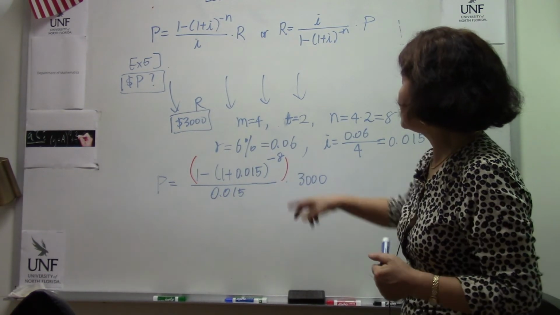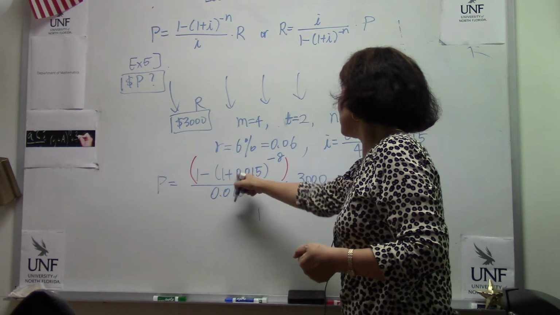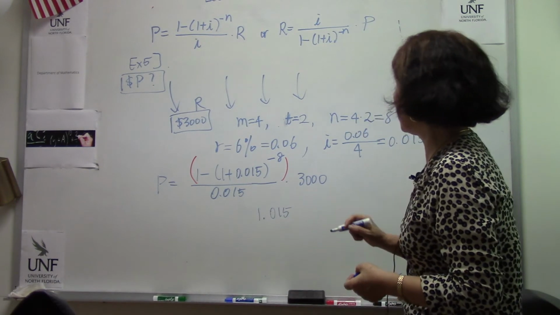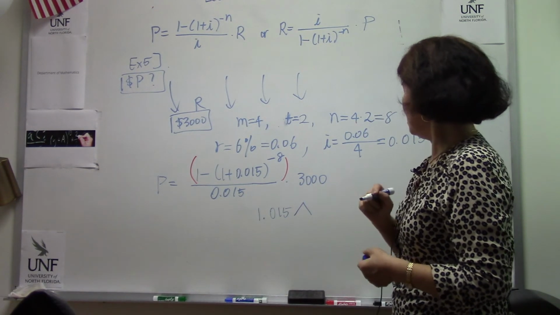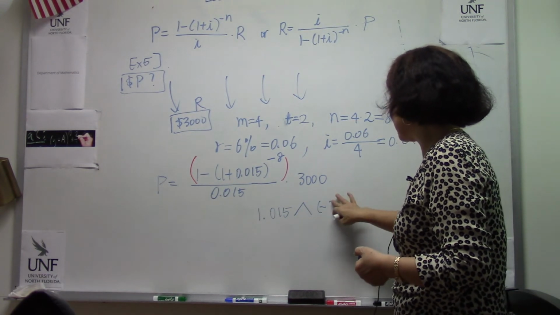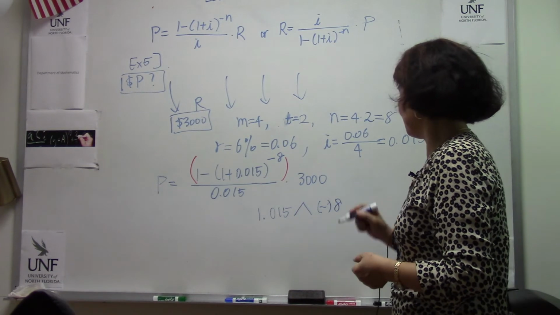So when you put a negative power, basically this is 1 plus this, so just 1.015, that much you can do in your head. So power T, and then negative 8, so the negative sign is inside the parenthesis on your calculator, 8.